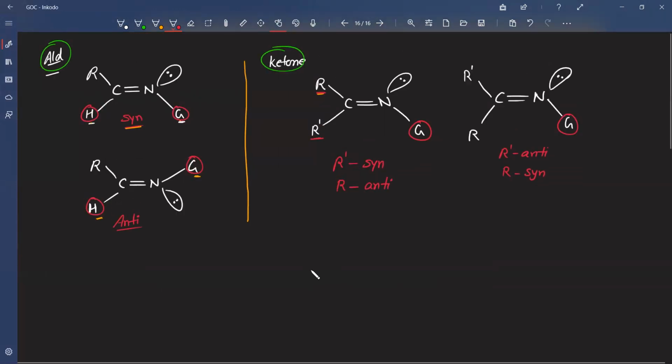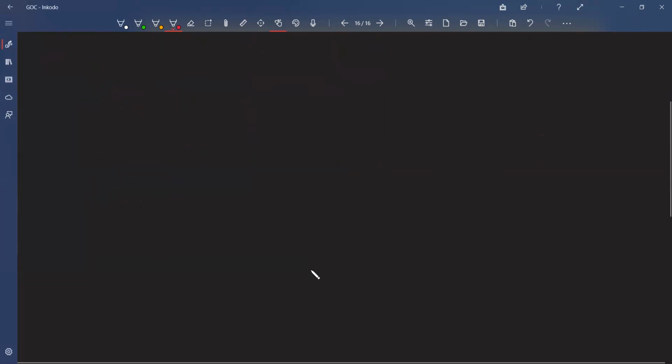Okay, so this is when your compound or molecule has a carbon double bond nitrogen. There is another case of double bond, that is nitrogen double bond nitrogen. So when there is nitrogen double bond nitrogen, what will you get? You will get a lone pair here and a group, which can be A or anything.